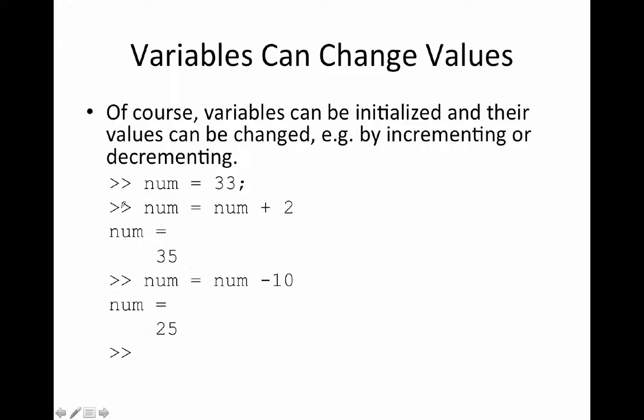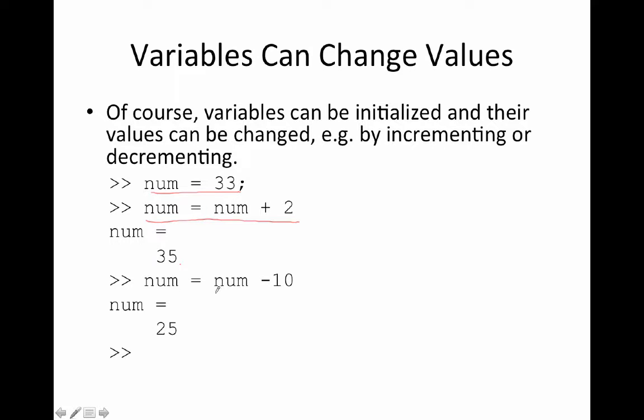Of course, a variable can be changed, so you can initialize a variable in MATLAB and then you can change the value by incrementing it or decrementing it, for example. So here's a sequence where at the prompt I've initialized a variable num to have the value 33. Then I incremented it by saying num gets the value of num plus 2, so 33 plus 2 is 35, and since I did not suppress the output here, MATLAB shows me that num has the value 35.